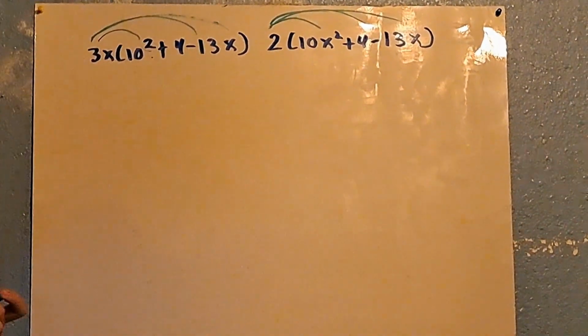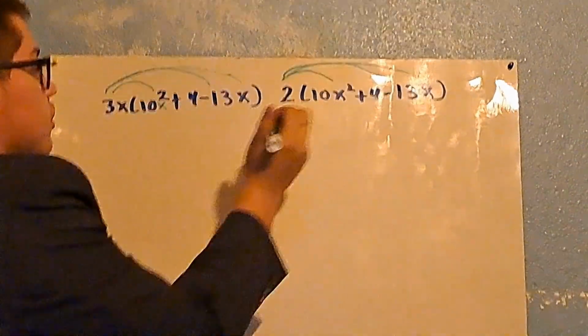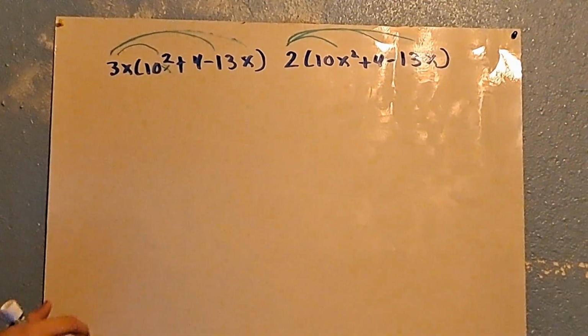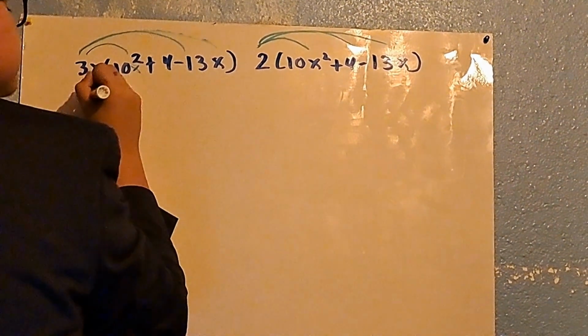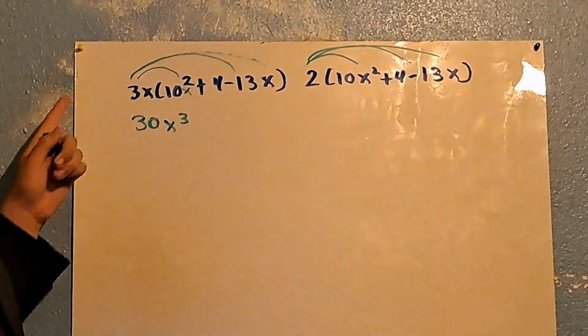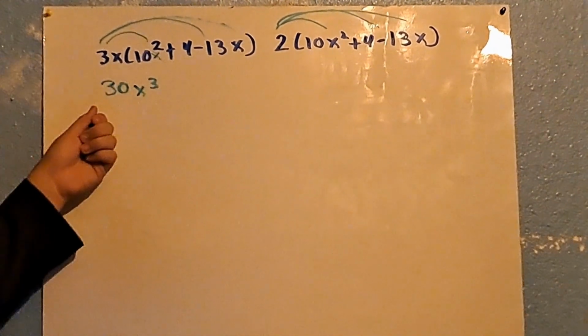To distribute this value into multiple spaces, for example, 3x times 10x squared would come out to 30x cubed. Now, why 30x cubed? Because 3 times 10 is 30.